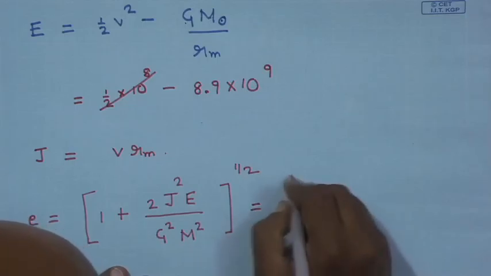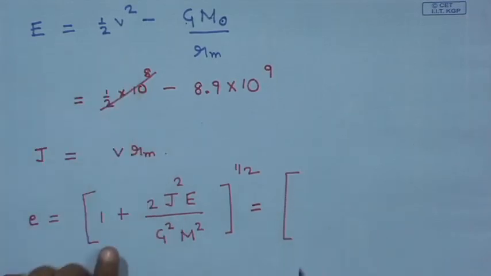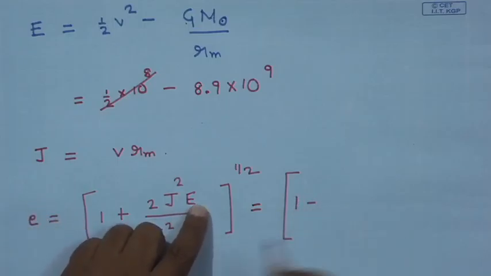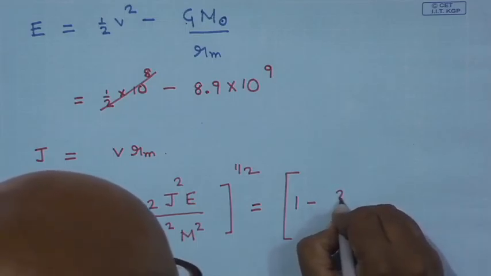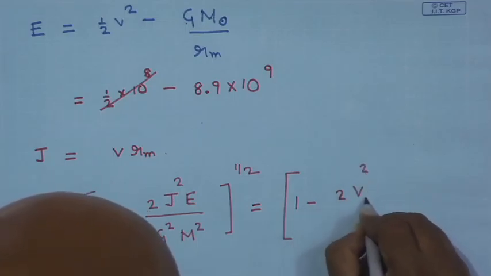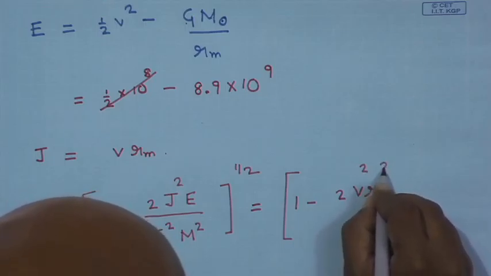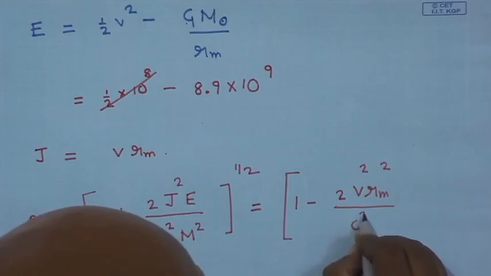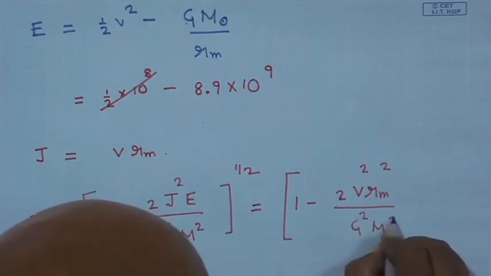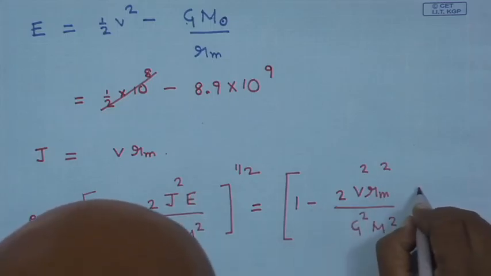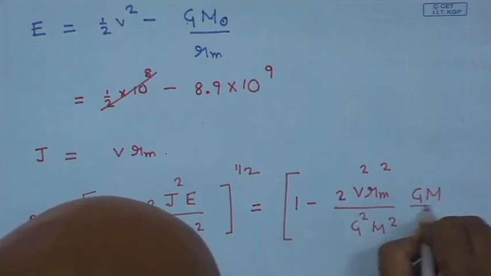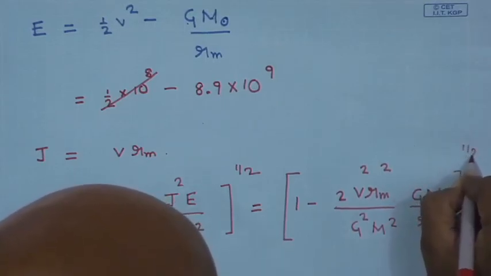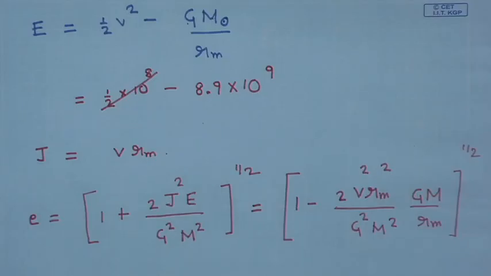So, for our situation, this can be written as 1 minus, the energy is minus G M by r minimum, so this will be 2 v squared r min squared. I have written j, and in the denominator I have G squared M squared, and let me write the energy. Energy is minus G M by r minimum, to the power half. That is the eccentricity.